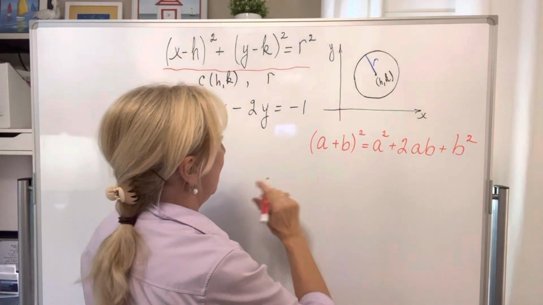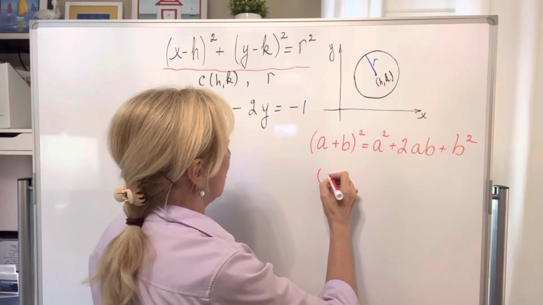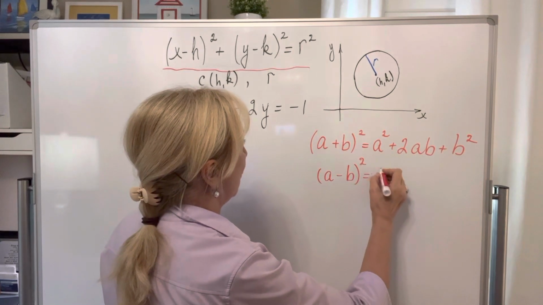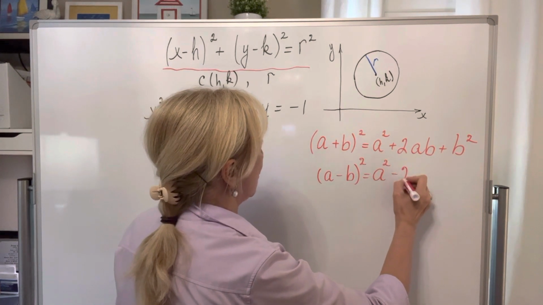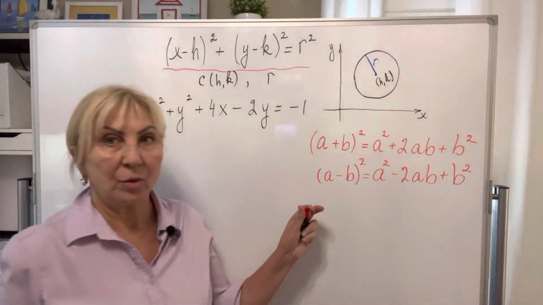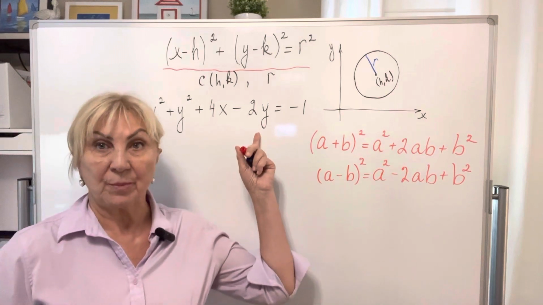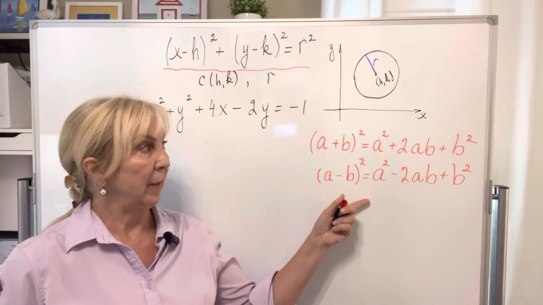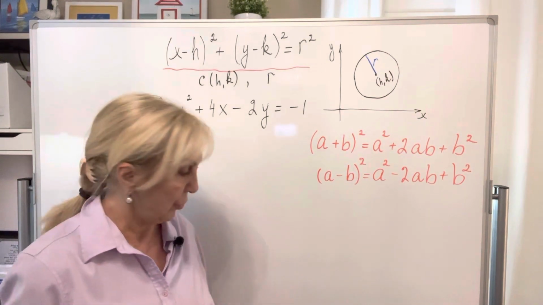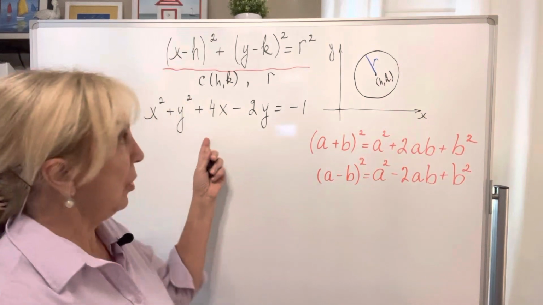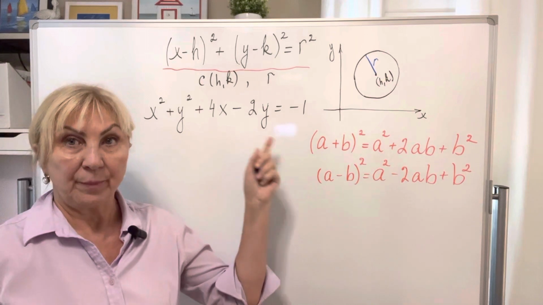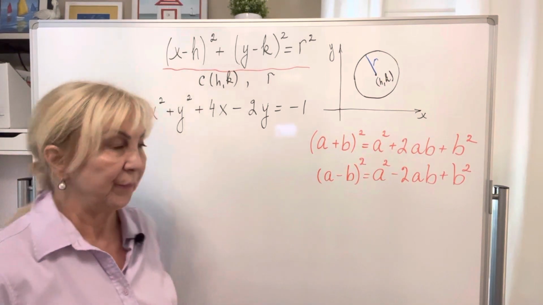And another formula, the binomial a minus b squared equals a squared minus 2ab plus b squared. To solve this problem, you have to remember those special case formulas, because we're going to write the standard form of the circle by completing the perfect square.